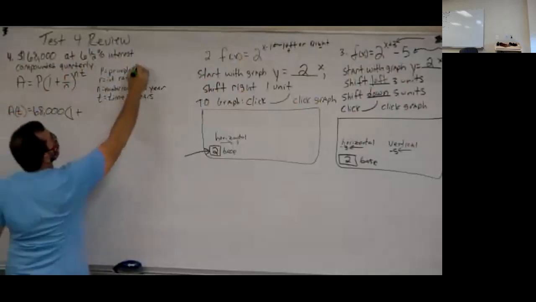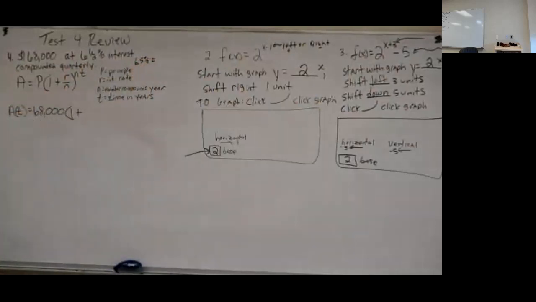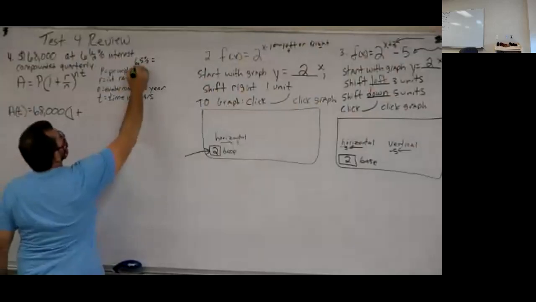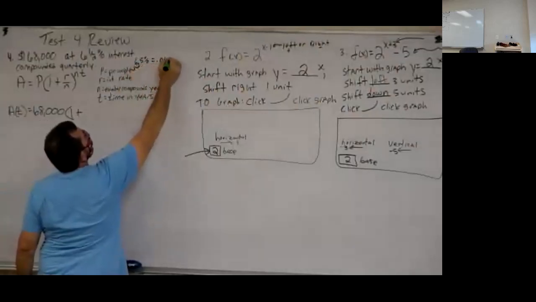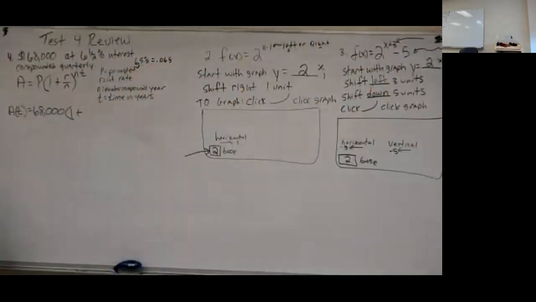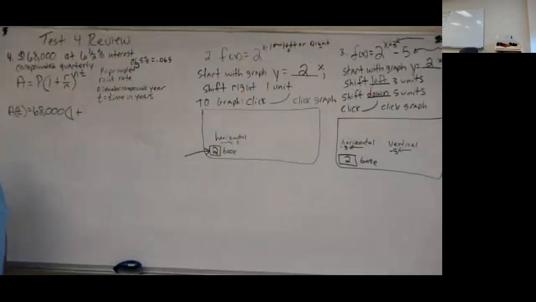To turn that percent into a decimal, you're going to take the decimal and move it left 2 units. So if we move it left 2 units, we get 0.065. I had to add a 0 here to get my 2 moves. So R is 0.065.